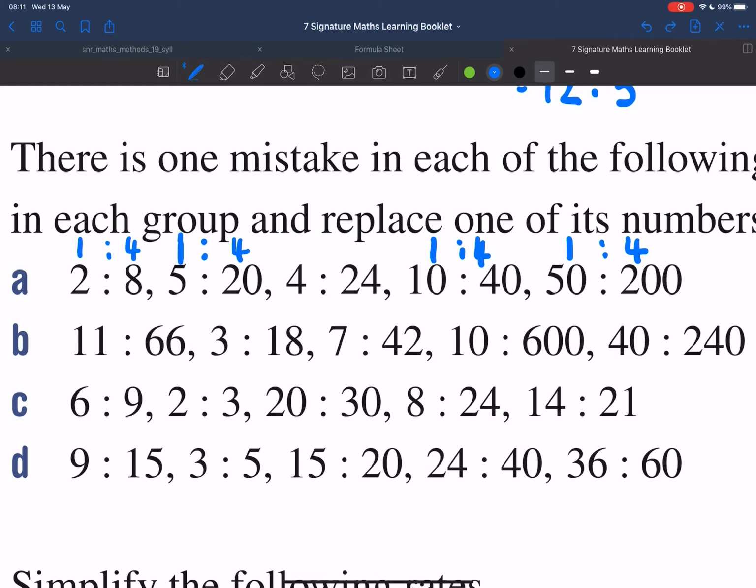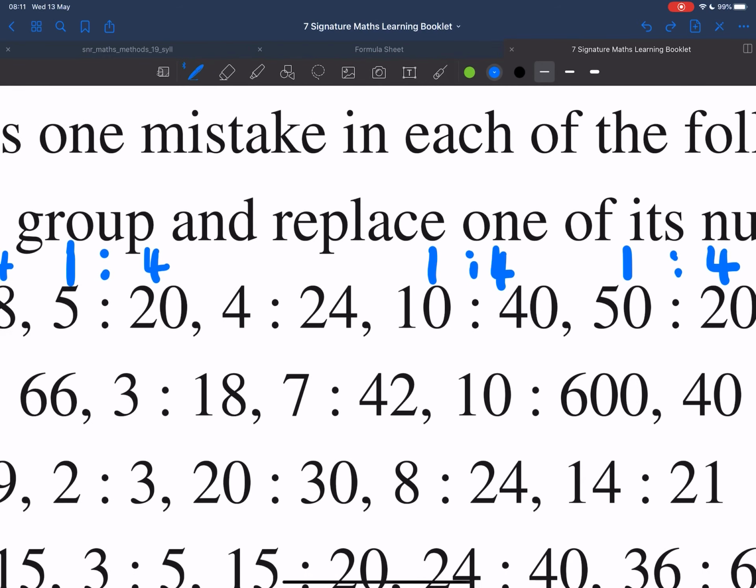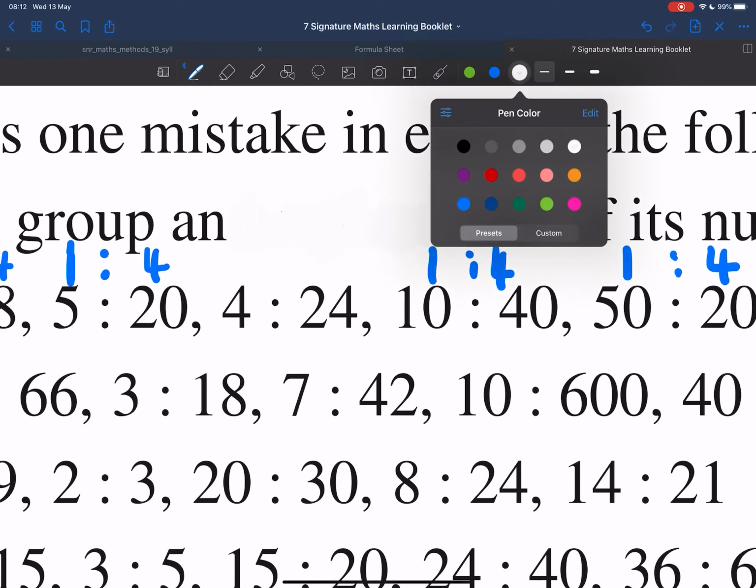So we need to make this answer 1 to 4. What I'm going to go ahead and do is give myself a little bit more space. Now, technically this is a little bit cheating, but it'll give me more space to help explain to you what's going on, because I don't have paper to share with you, you do. So let's just rub that out a little bit, a bit tricky.